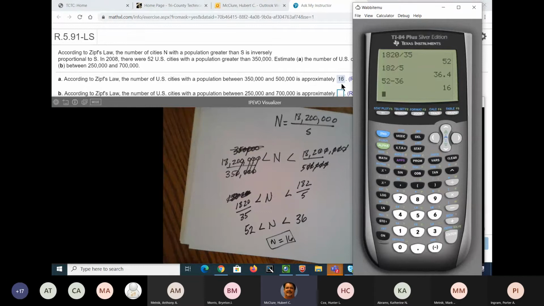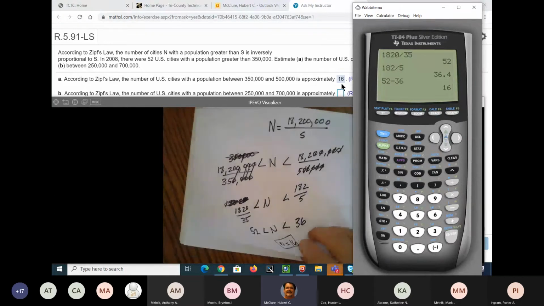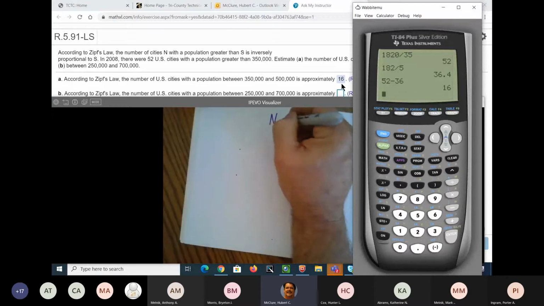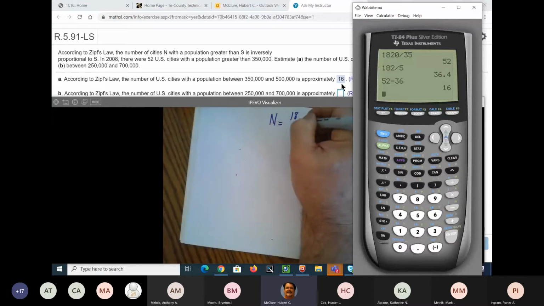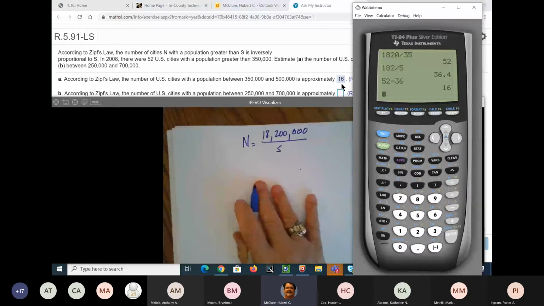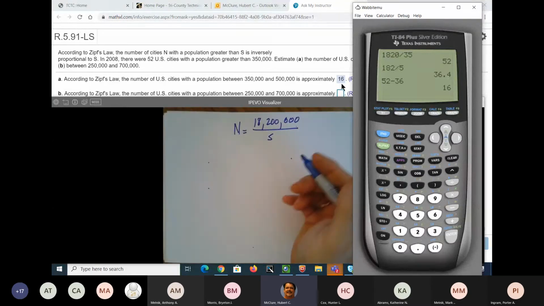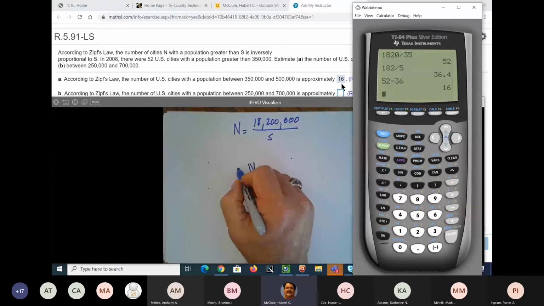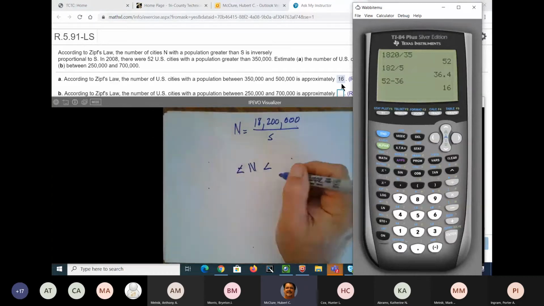Now I'm going to do the same thing. N is equal to 18,200,000 divided by S, and that's going to give me, on this side, N is greater than and less than 250,000.